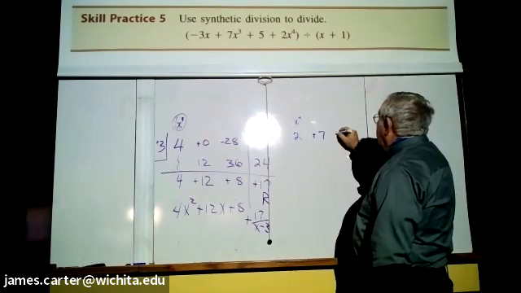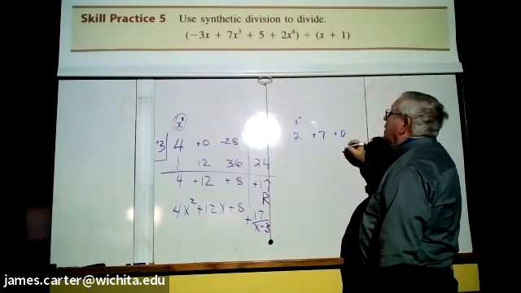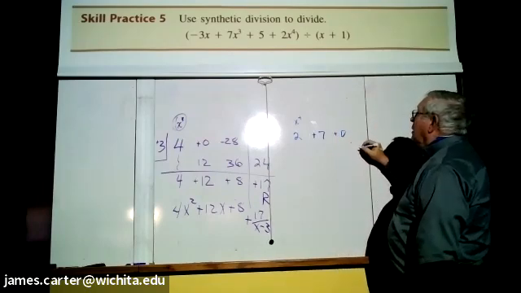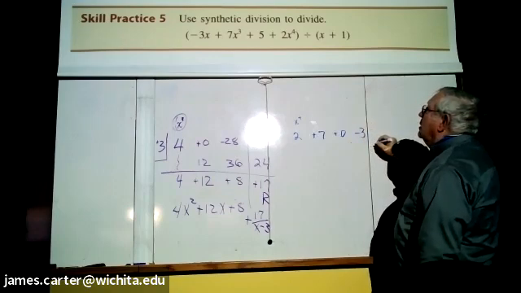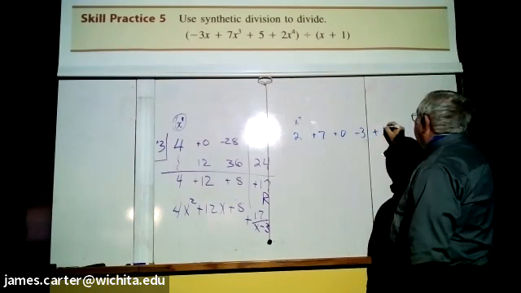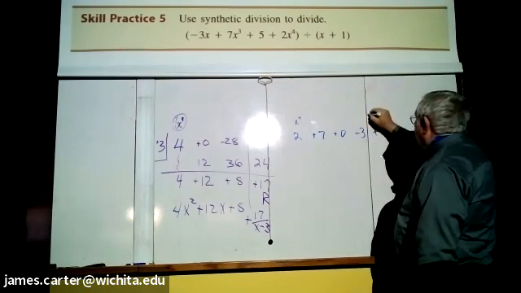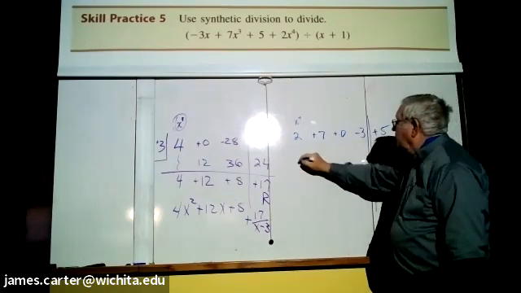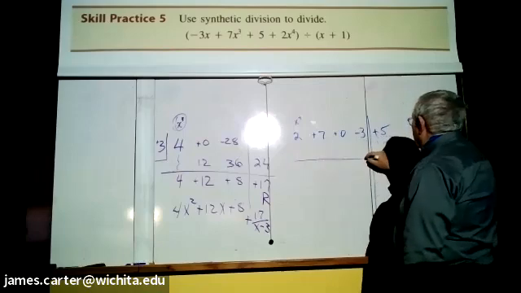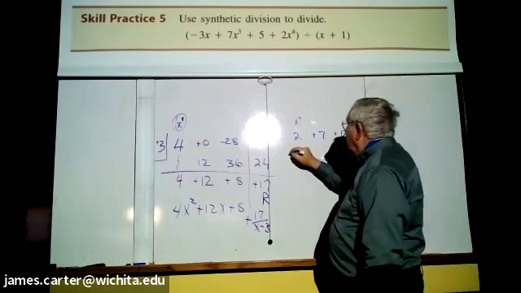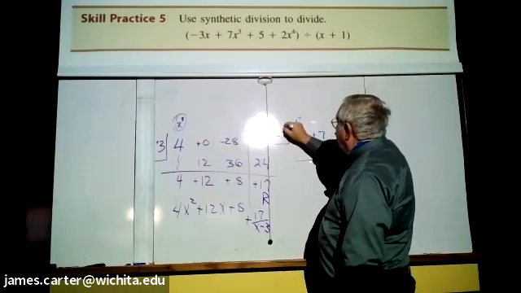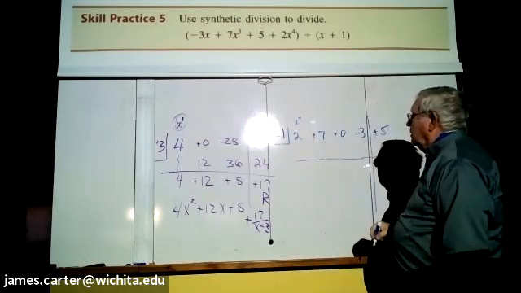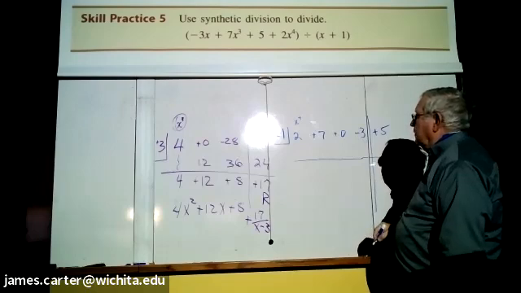I'm missing the x to the 2nd. Minus 3 for the x. And plus 5 for the remainder. I'm going to divide by -1 or do my synthetic division.